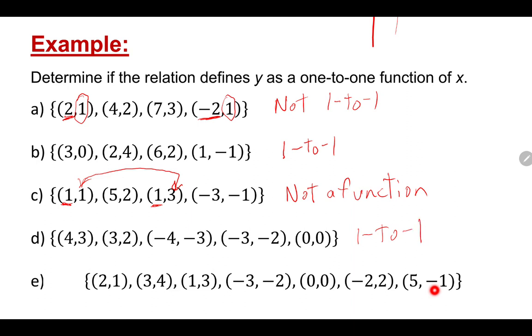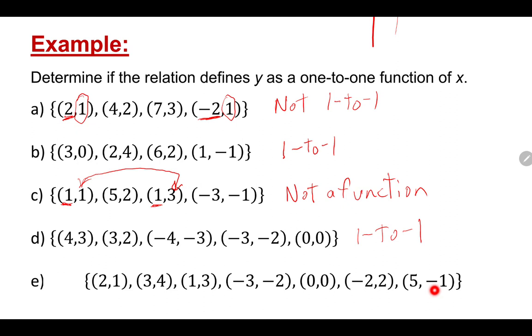Here we have 2 for x and 1 for y, 3 for x and 4 for y, 1 for x and 3 for y, negative 3 for x, negative 2, 0, 0, again no overlap yet, negative 2 and 2. Now be careful, these aren't overlapping.